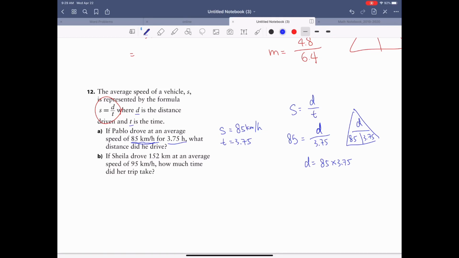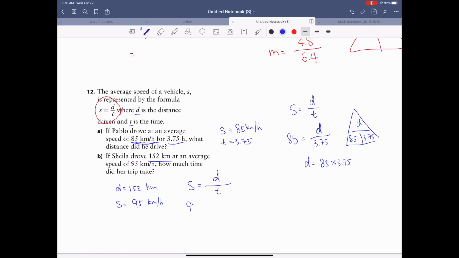So if Sheila drove 152 kilometers at an average speed of 95, so that's the distance. D equals to, D is given at this point. Average speed S equals to 95 kilometers per hour. And so yeah, the formula is this, and we plug it in.